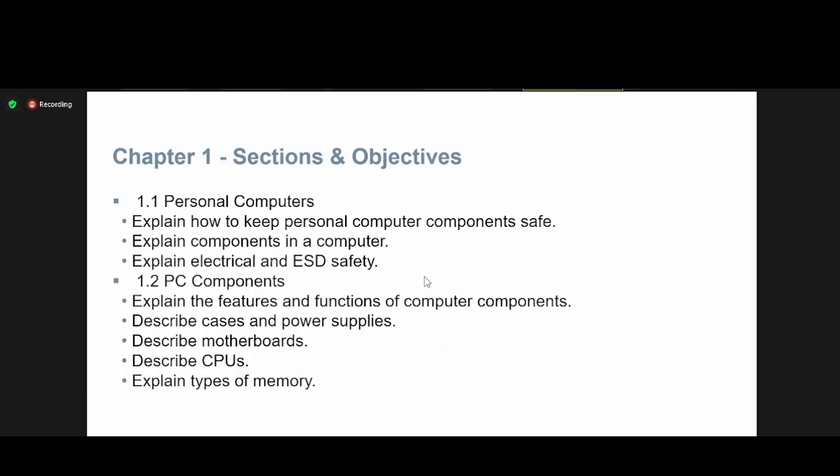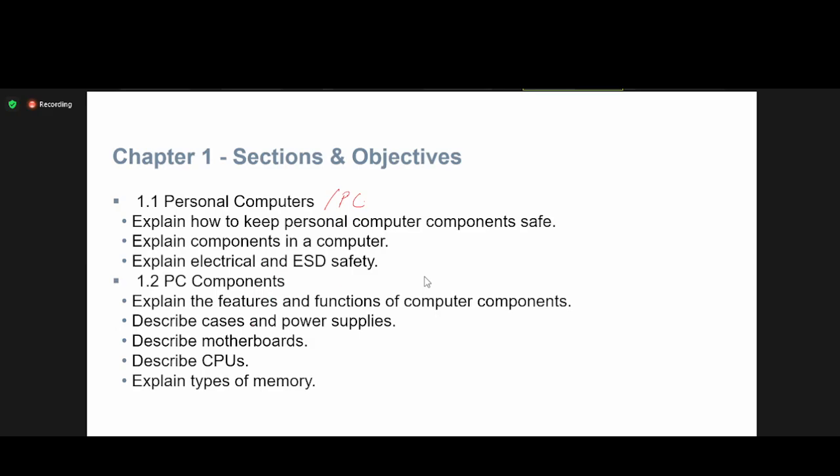What is the personal computer? PC for personal computer. Well, you may have a desktop computer, you may have a laptop computer, but what I'm going to tell you is general, whether it is a PC, a desktop computer or a laptop computer.